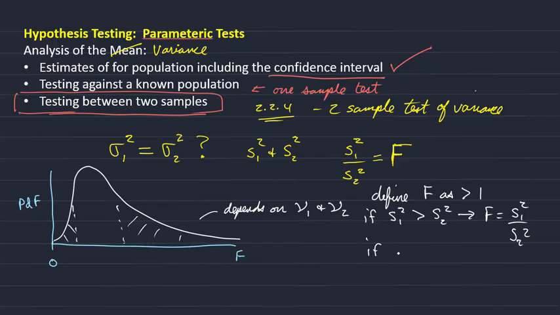If the second variance is greater than the first, then we'll define F as S2 squared over S1 squared. So we're always going to test whether the value of F falls in this right side tail, and the area under that will define alpha, our level of significance.